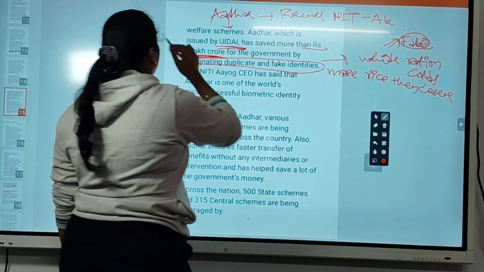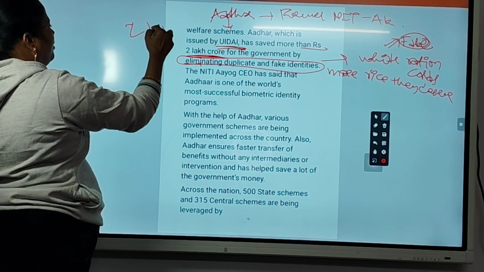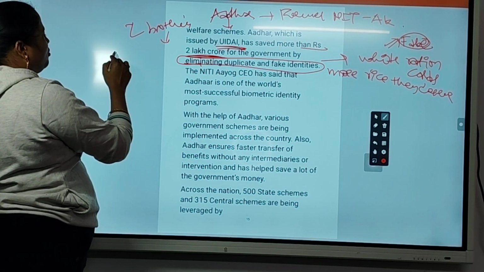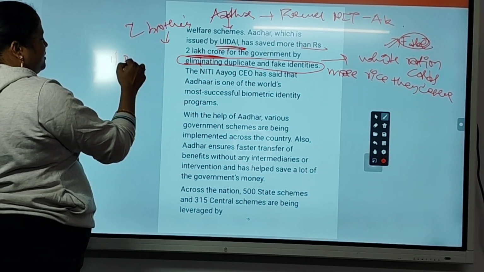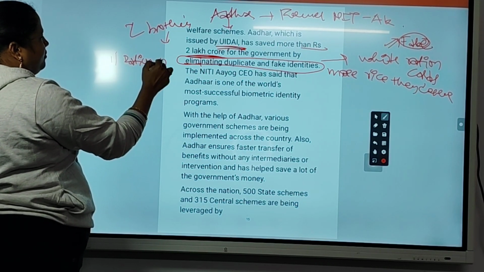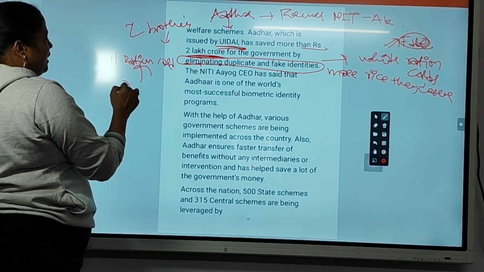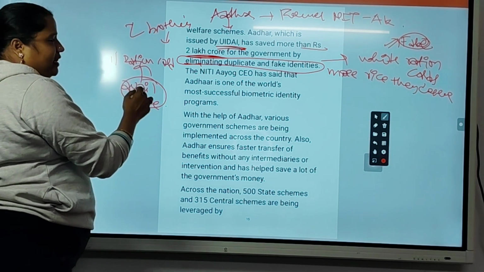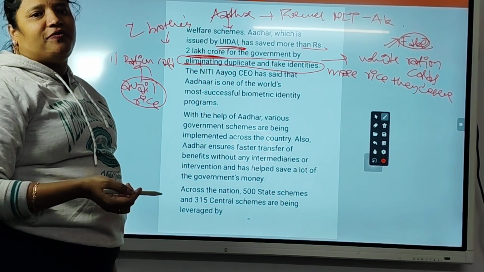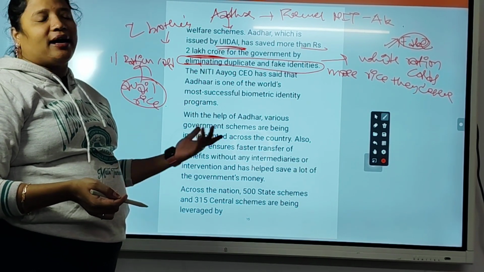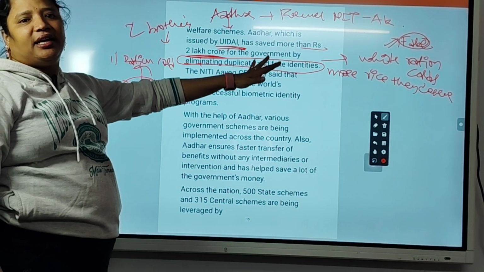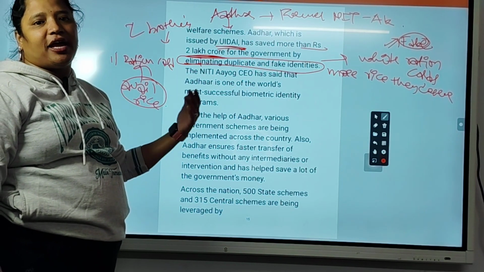Suppose two brothers are there in one home. Without telling that they are brothers, they used to make two separate ration cards and avail government rice illegally. In the same way, in other government scheme benefits also, people used to access them illegally before the use of Aadhaar. But after getting Aadhaar, there is no way they can fake it with the government.